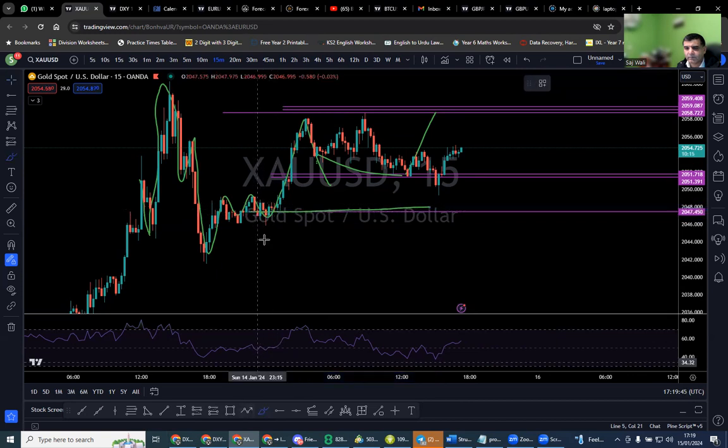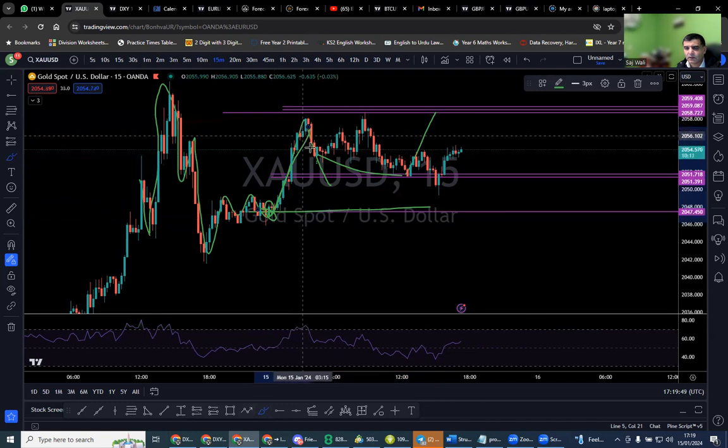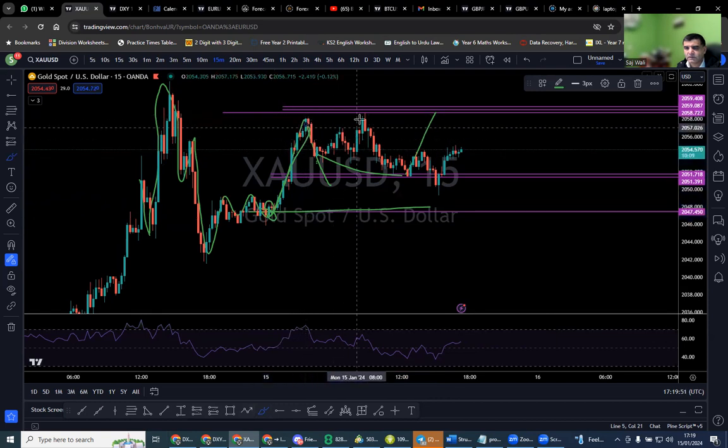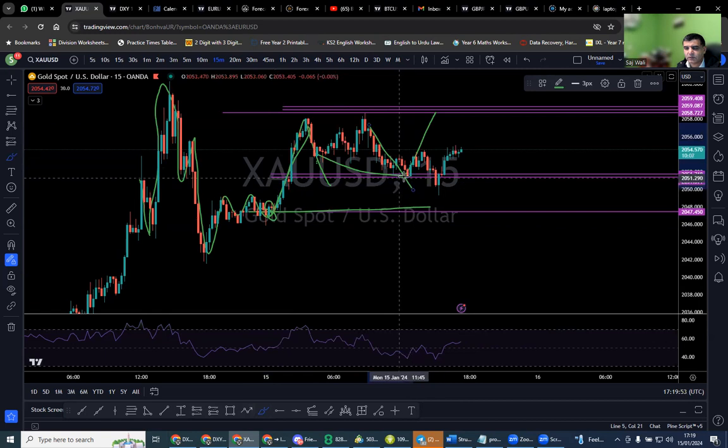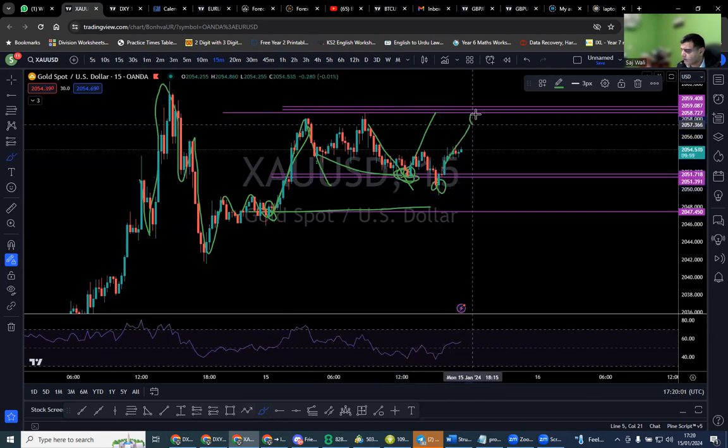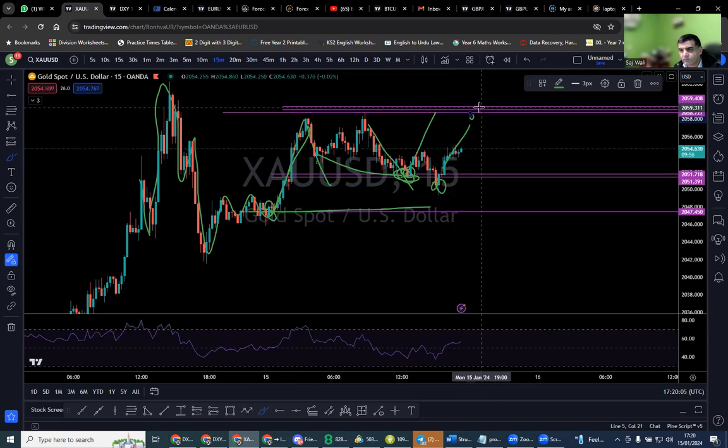And in the London session, it came to this low, took the liquidity from this London low, moving towards the London high. Moving towards this London high.